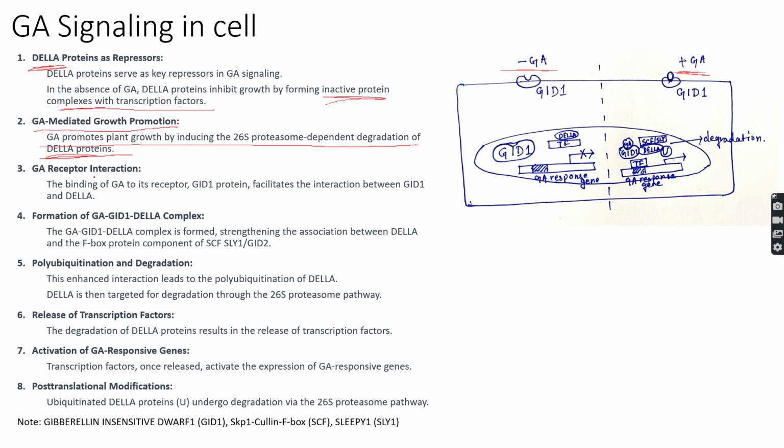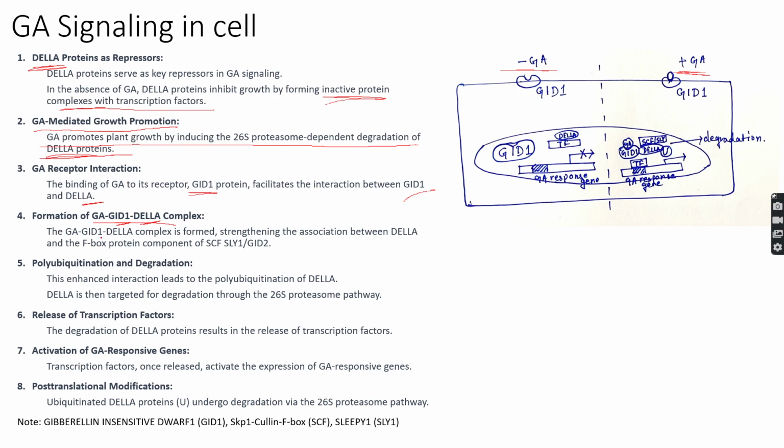Now GA receptor interaction. When GA comes towards the cell, it will be received by a protein called GID1 protein. So the binding of GA to its receptor GID1 facilitates the interaction between GID1 and DELLA. So there will be the formation of GA, GID1 the receptor, DELLA the repressor.